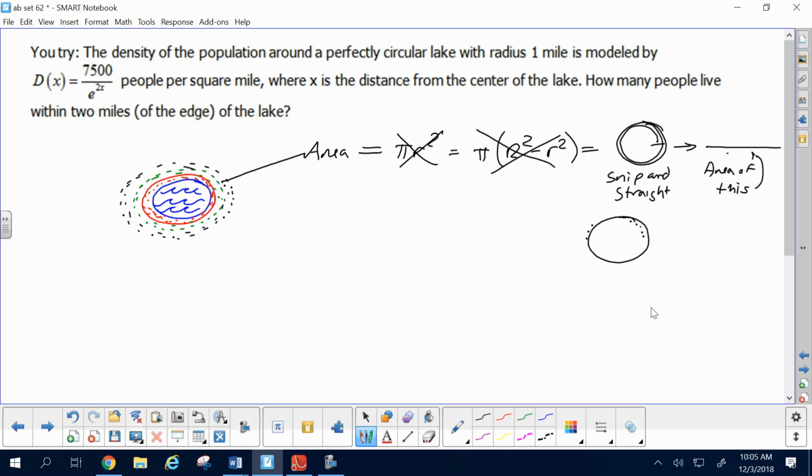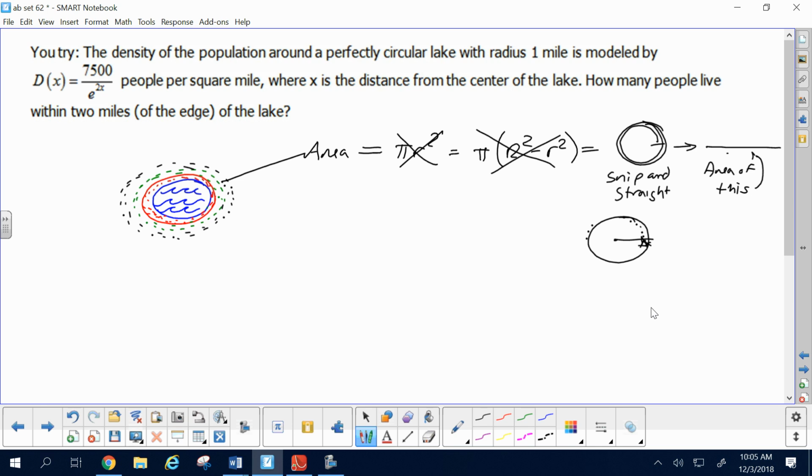Think of it as changing with distance from the origin, or distance from the center of the lake. So think of it as dx. We'll talk about this more later, but the idea of straightening it is in your best interest, all right?